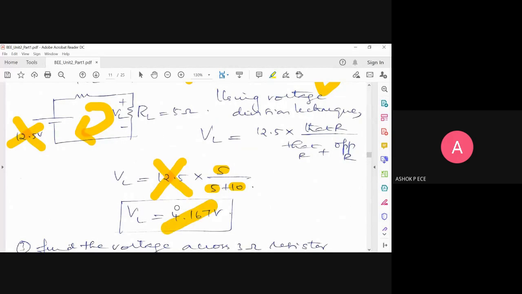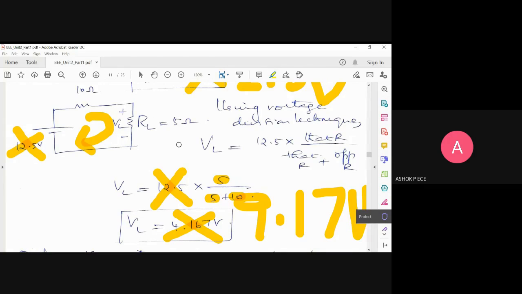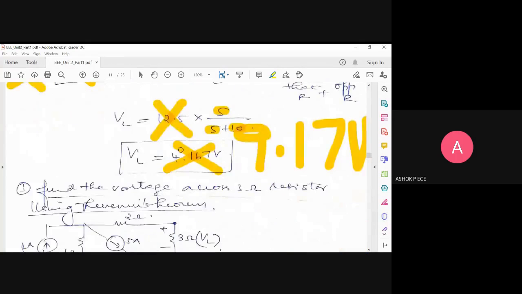This value will also be wrong. So 9.167 final answer. 9.17. Yes. 9.17 volt is your final answer.